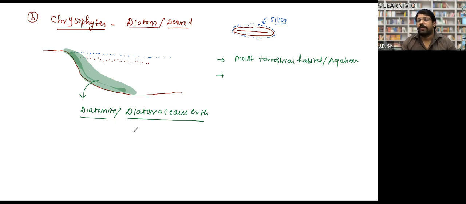This thick layer of dead bodies is called diatomite or diatomaceous earth.